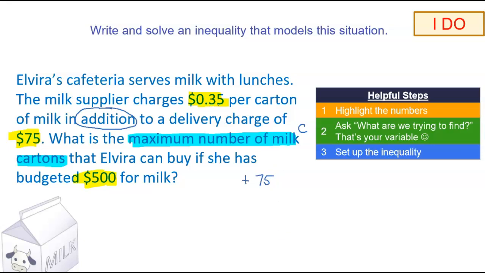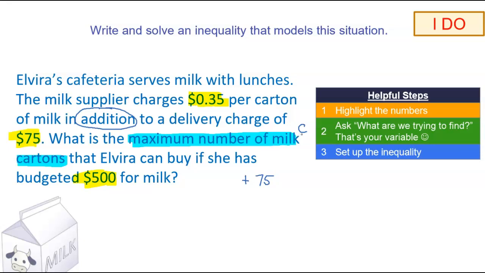And then we have $0.35, or what we call 35 cents, per carton of milk. So if we have 1 carton of milk, that'll be 35 cents. If we have 2 cartons, that'll be 70 cents. If we have 3 cartons, that'll be $1.05. And what we're doing there is we're multiplying. We're multiplying this cost per carton times the number of cartons.